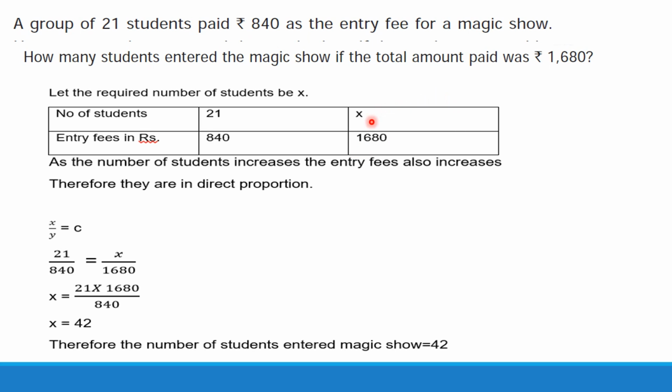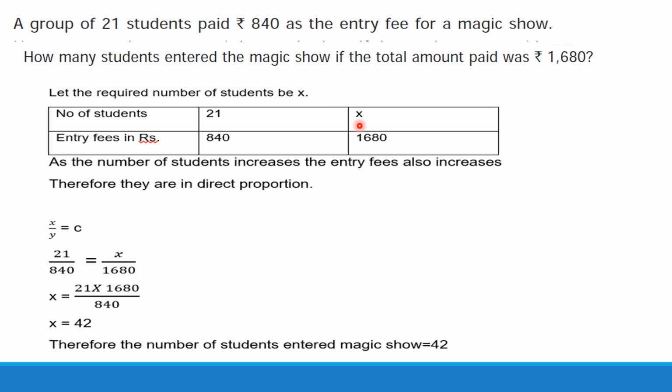So what formula? X by Y equal to C. 21 by 840 equal to X by 1680. So you simplify, you get the answer. How to simplify? 840 into X equal to 21 into 1680. That 840 is on the left hand side, it will come to the right hand side, it will become divide.